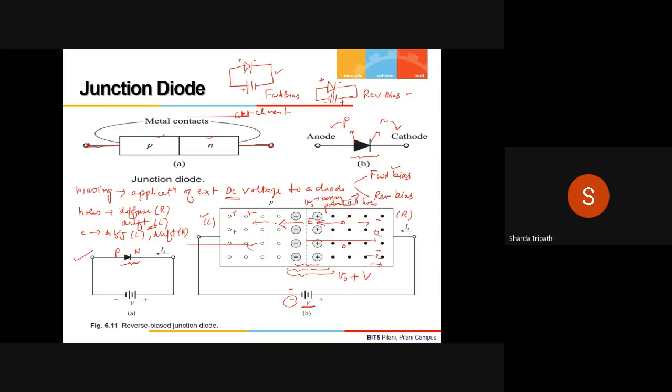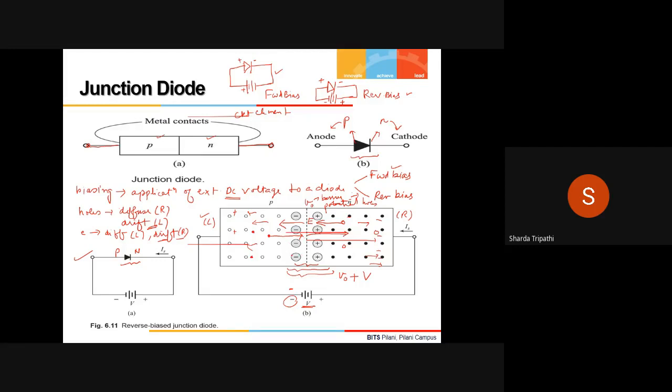Similarly, in the P region, electrons are the minority carriers, and electrons have the tendency to drift to the right. This is their natural tendency, and we have also applied the positive charge towards the N side. So these electrons will be drifted into the depletion region, and due to the electric field E, they will be further pushed into the N region.